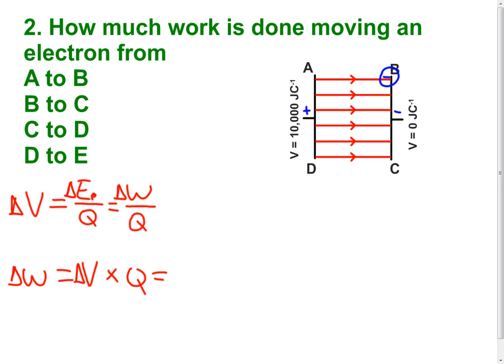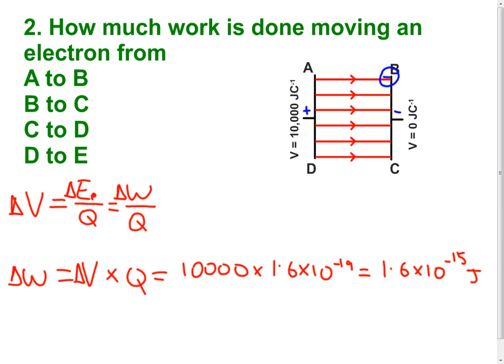So here the potential has changed by 10,000 times the charge on an electron, 1.6 times 10 to the minus 19, which is going to be 1.6 times 10 to the minus, we've got 19 there, and we've got a 10 to the 4 there, so it's going to be minus 15 joules.